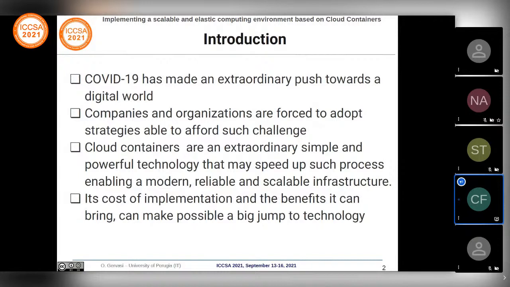So now even companies are required to adopt these new strategies in order to face this type of challenge. And the idea is quite simple because we have all this open source software, and we provide some guidelines to assemble the various components.